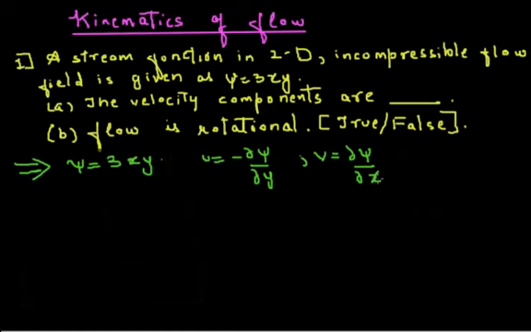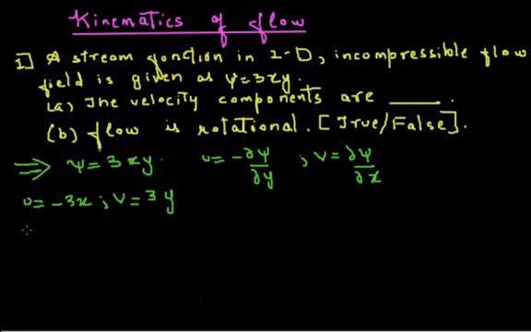If we use this property, we differentiate psi with respect to y and get u is equal to minus 3x, and differentiating psi with respect to x, we get v is equal to 3y. So these are the components of velocity u and v.